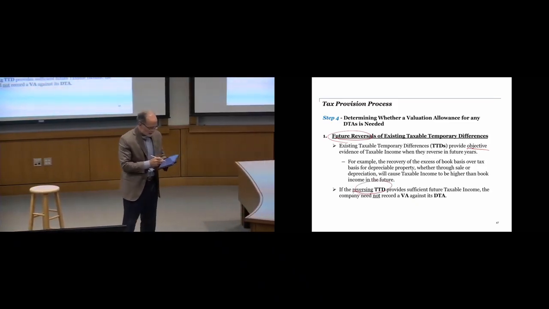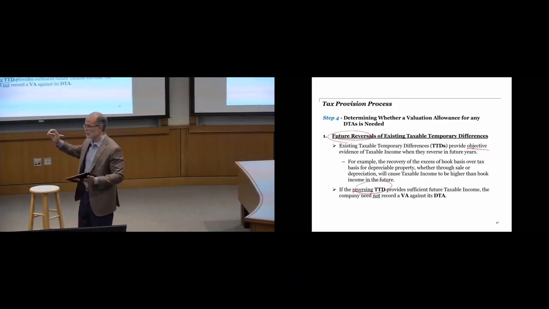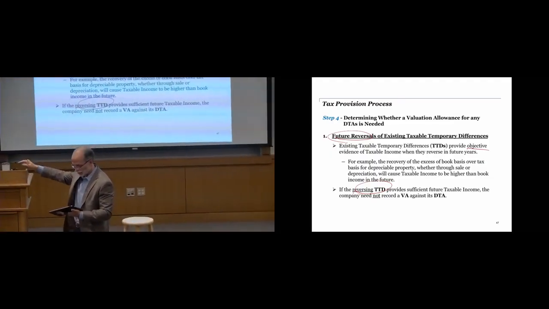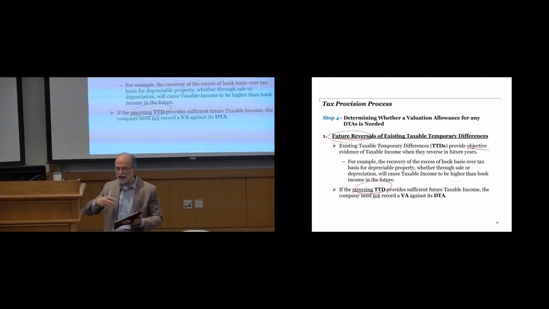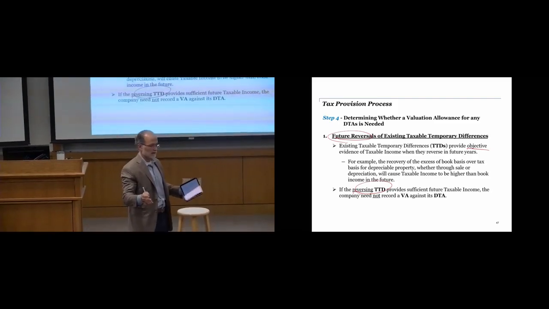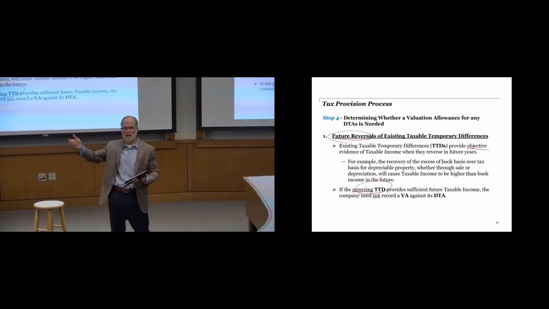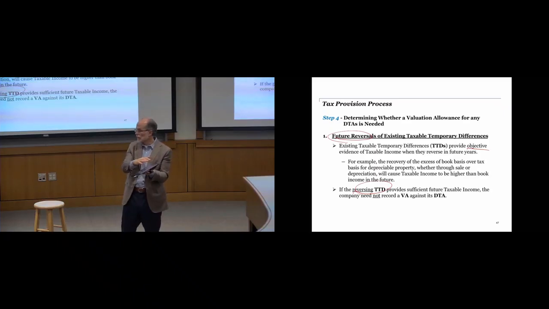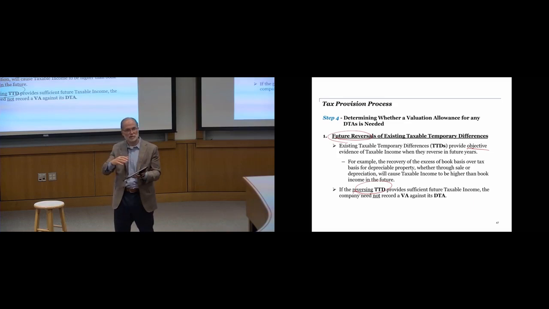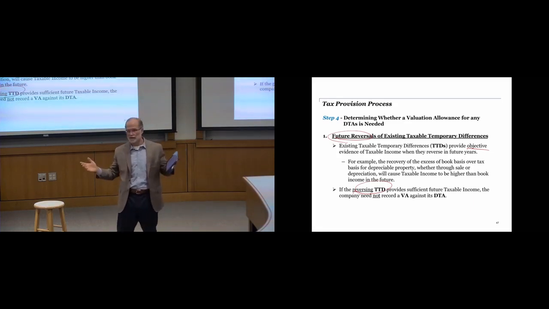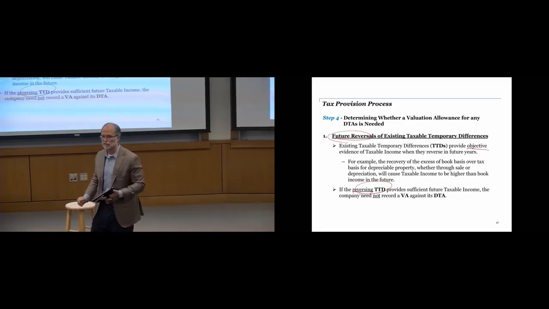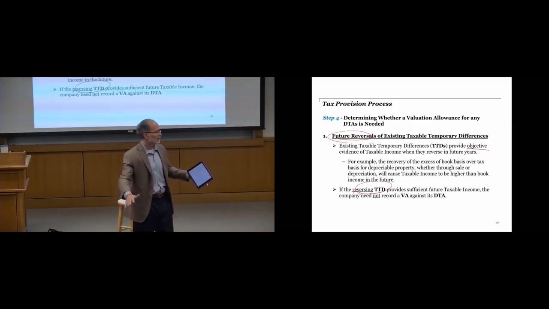If that reversing TTD, when I schedule it out, provides sufficient taxable income, I don't need to record a VA against my deferred tax asset. So depending on how much taxable income that creates relative to the DTA I'm thinking about that needs a certain amount of taxable income to be utilizable, I'm done with the VA analysis. Right? I show that to my accounting firm, but I'm done with that analysis.